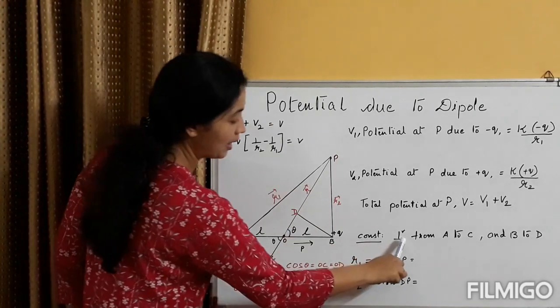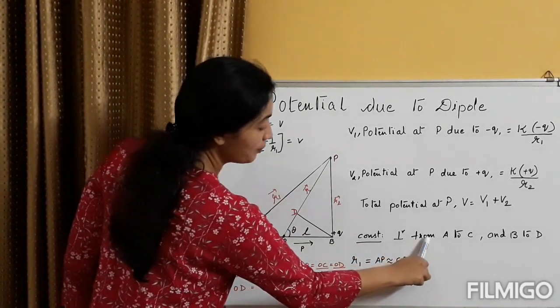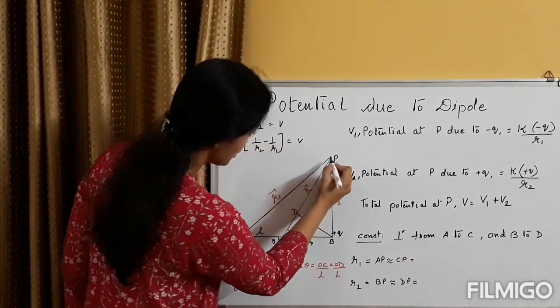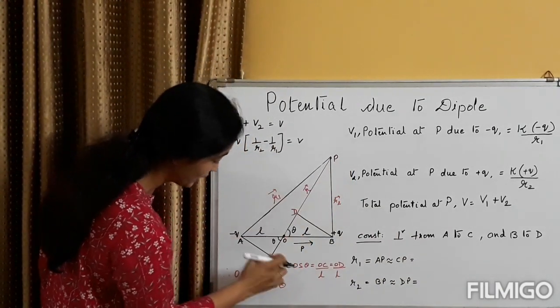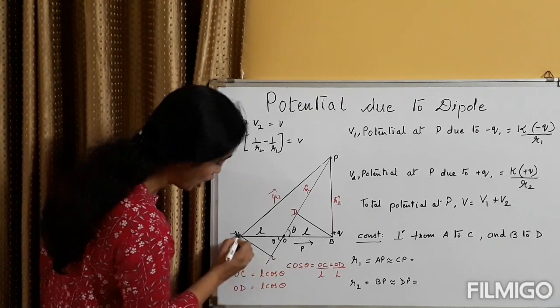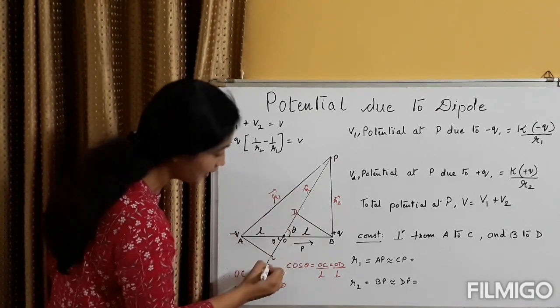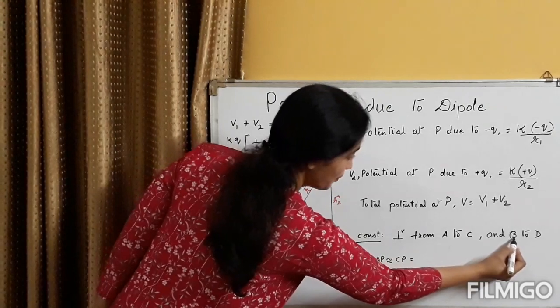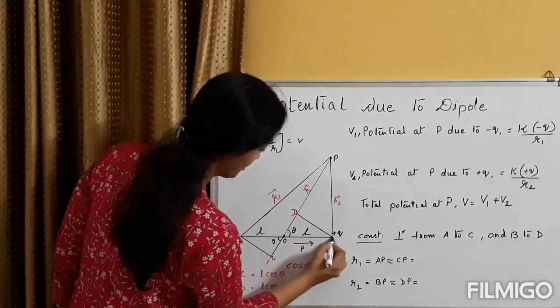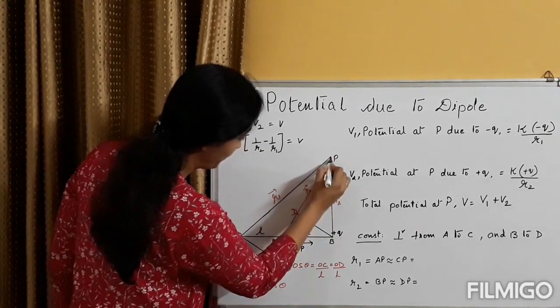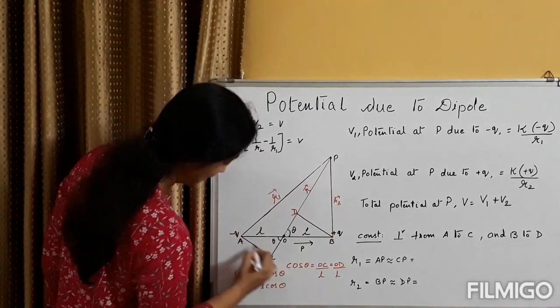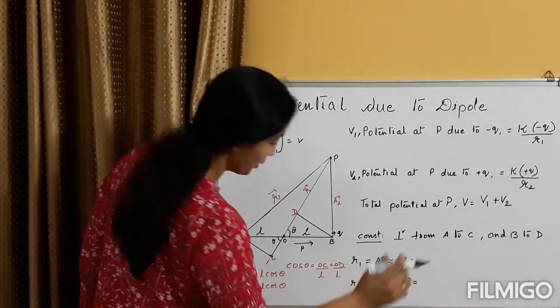So, the construction part. First, this OP is the distance R. We extend OP backwards, and from A to C we drop a perpendicular on the extended OP. Similarly, from point B we drop a perpendicular B to D on OP. Two perpendiculars we have dropped.